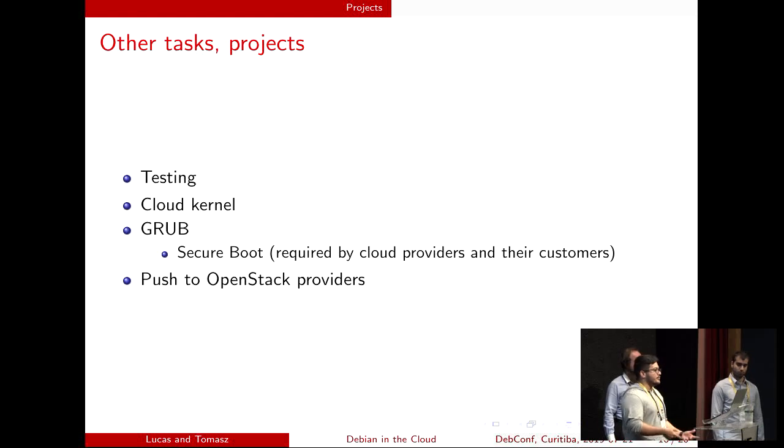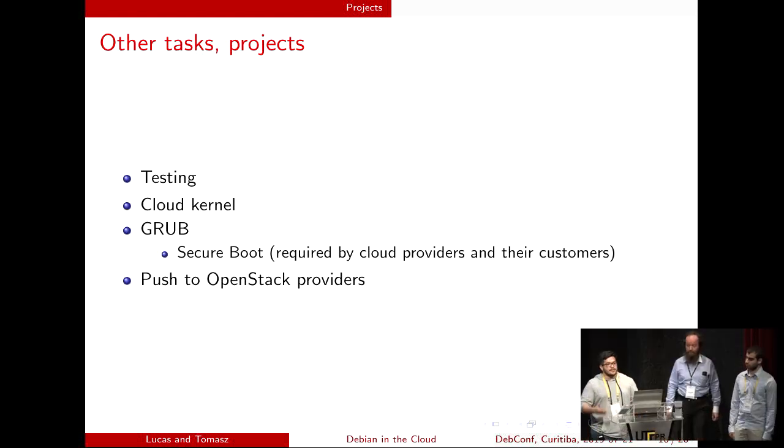We can try to automate it in some way, so when we have a new image published, we can push it to those OpenStack instances. So that's something we need to discuss. Those are some interesting projects. If you have some idea of what we need to do to make it better, feedback's welcome.